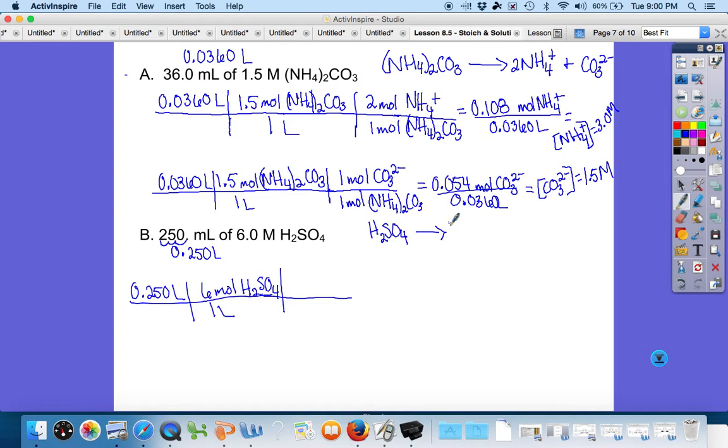But so we have 2 moles of our hydrogen ions and 1 mole, oh my gosh, this thing has a mind of its own, of our sulfate ions. So 2 moles of our hydrogen ions to 1 mole of our compound.